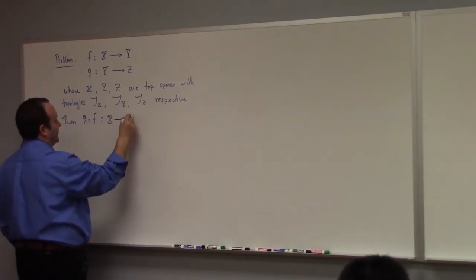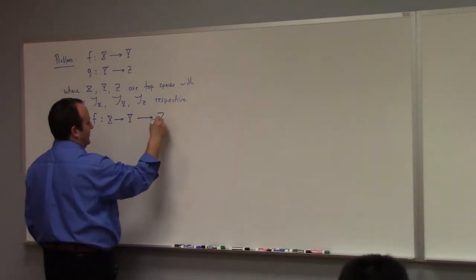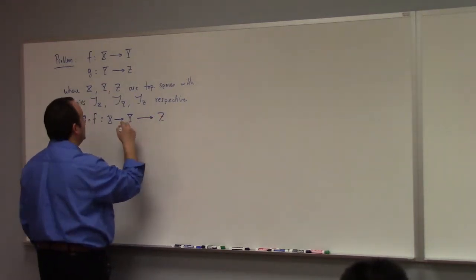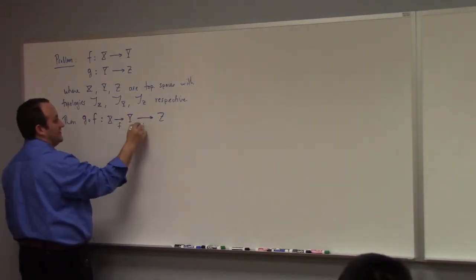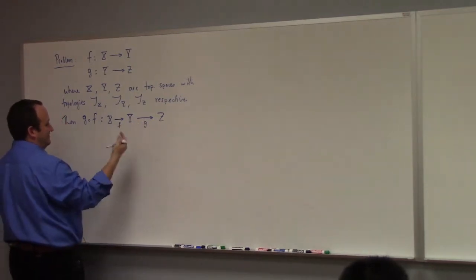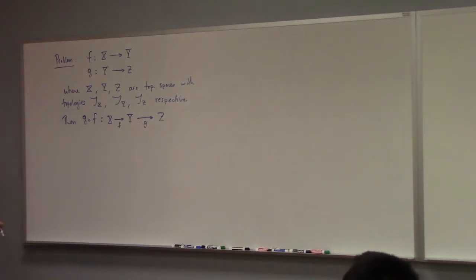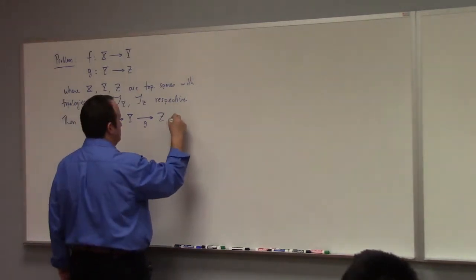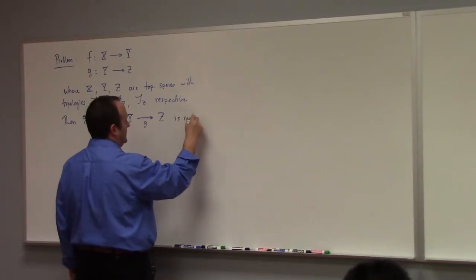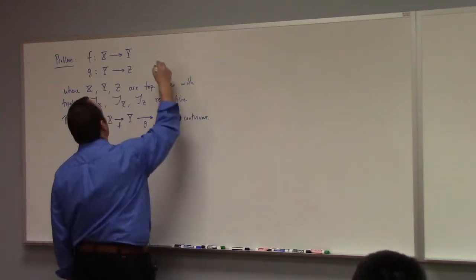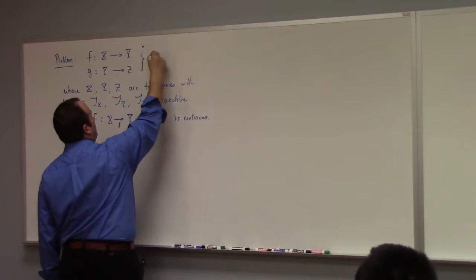Sorry, it's horrible. I've never taught pre-calculus, so I can't be held liable for that. But this is the f, that's the g, and of course that is continuous. So what am I assuming? I'm going to assume these are both continuous, okay?